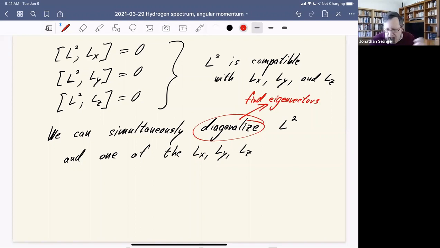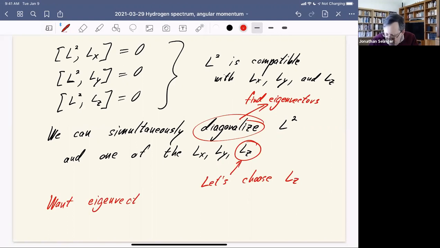The choice that everybody makes is Lz. Let's choose Lz. So we want eigenvectors of L squared and Lz.